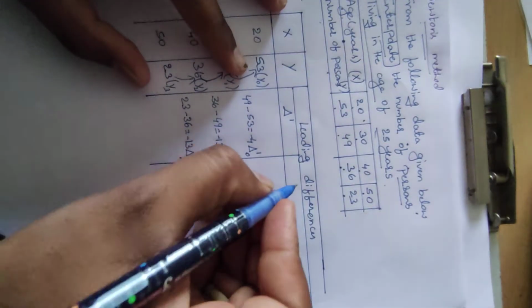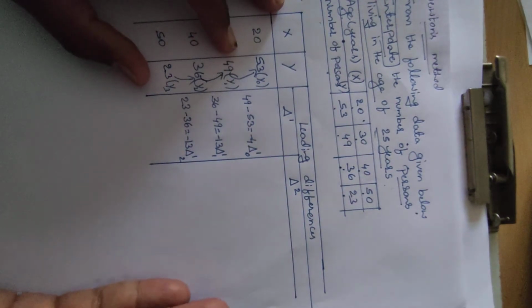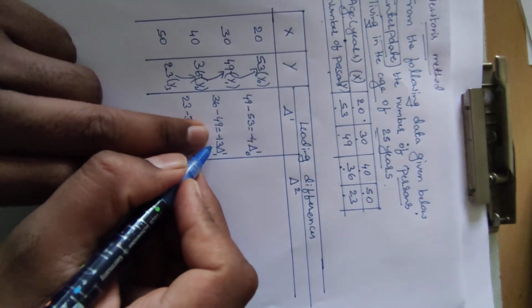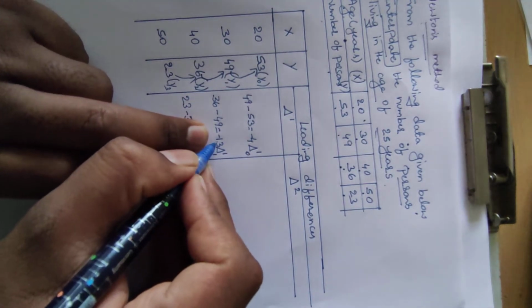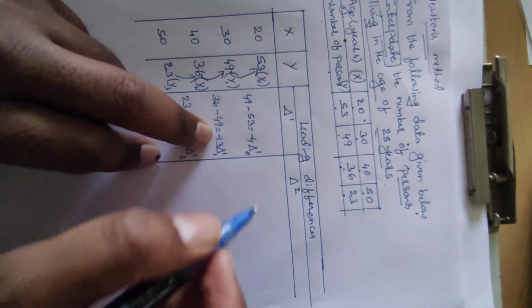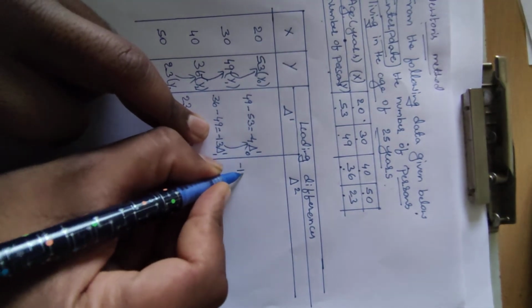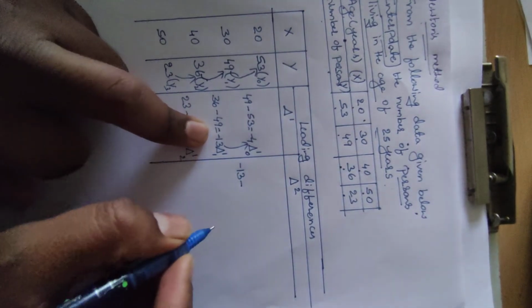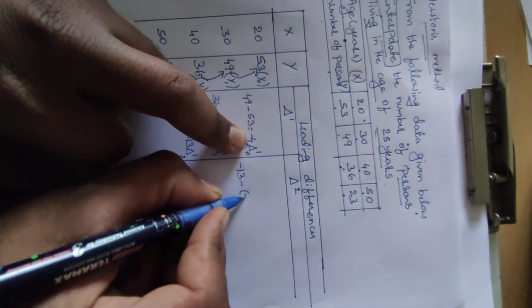Next we go for delta power of 2. We have to take the differences in the previous column. In the previous column, the second value is minus 13 and the first value is minus 4. We take the second value minus the first value: minus 13 minus minus 4.